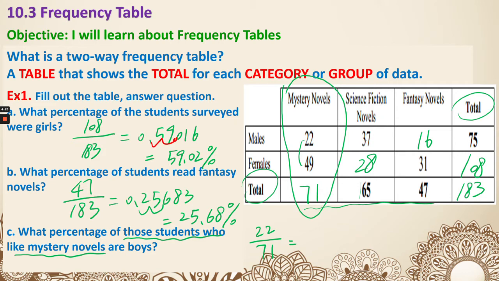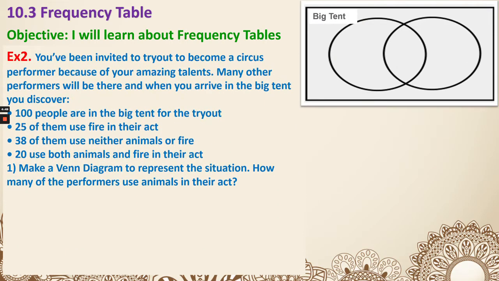So 22 divided by 71, change into a decimal, that's 0.30985, which we want to be 30.99%. So that is how we introduce conditional probability from a frequency table. For this part C, we have a condition at first that they need to read mystery novels, and then we see how many are boys. Let's have a look at more.